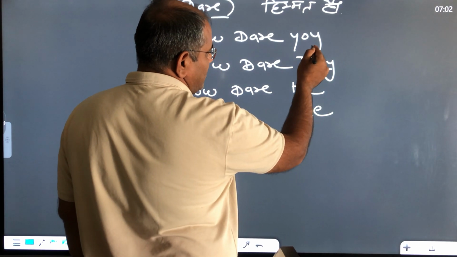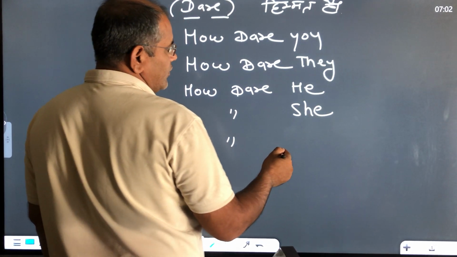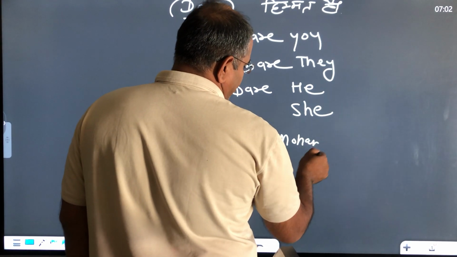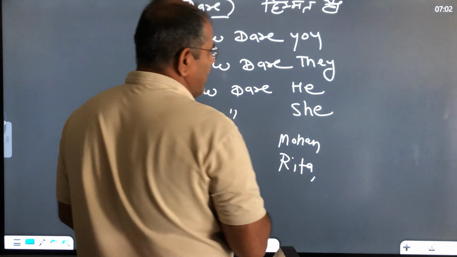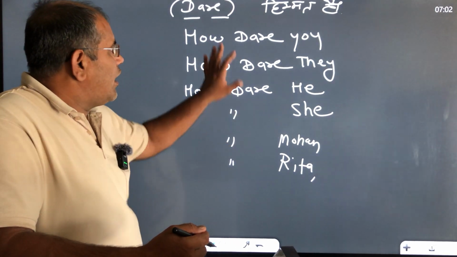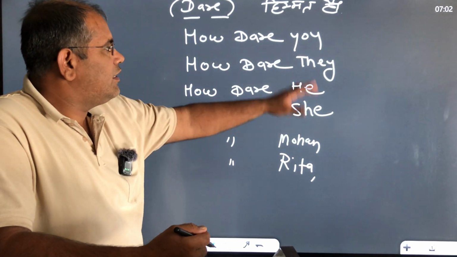You, they, he, she, and for example, anybody like Mohan, like Rita, we can use here. Guys, look carefully that at the first we are using "how dare", and then we are using you, they, he, she as a subject.